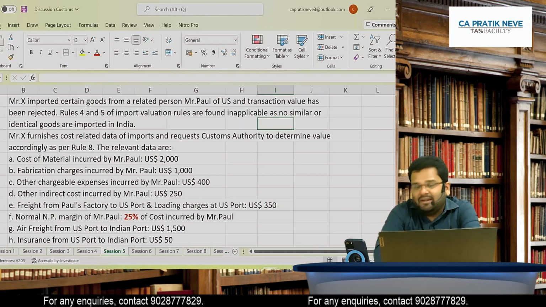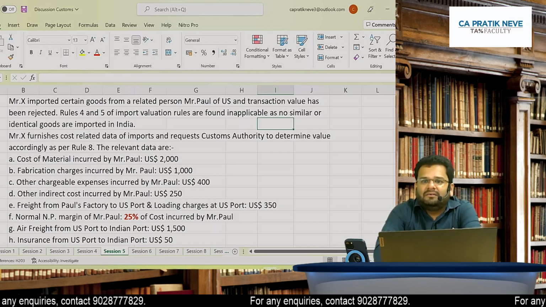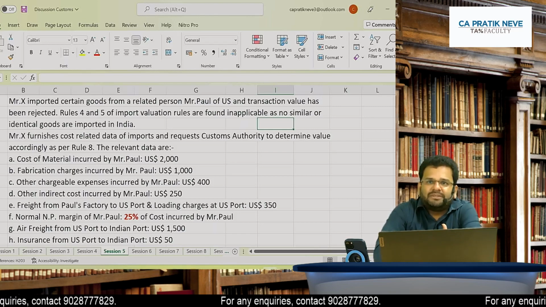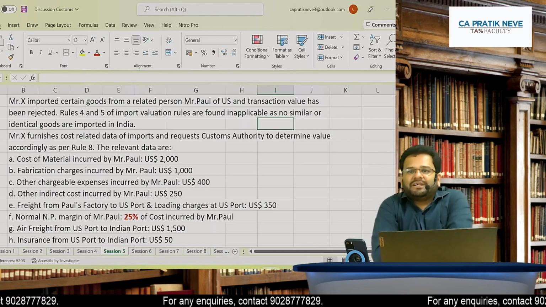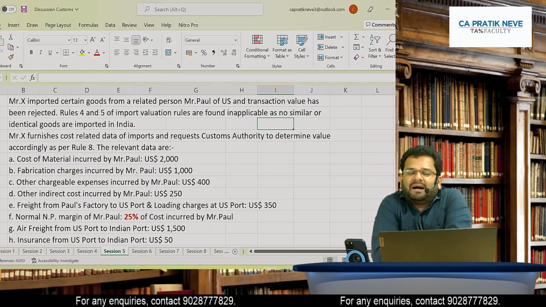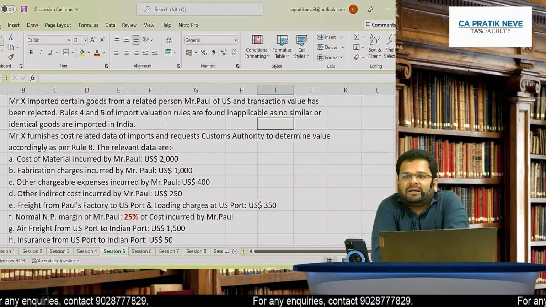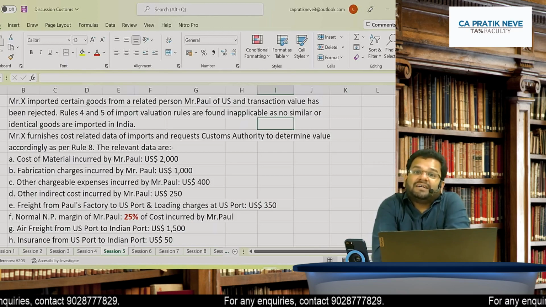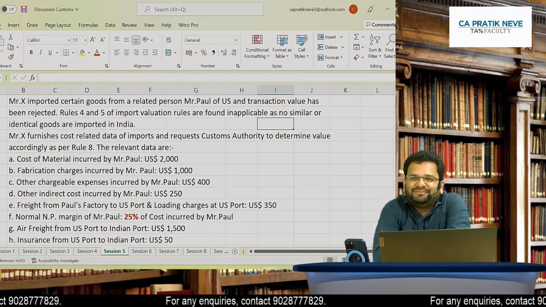See Ketki, we are sitting in India and we want the ideal import price, isn't it? So when we are thinking from the importer's ideal purchase cost, we are talking about deductive value. And when we are thinking from the exporter's ideal selling price, we are talking about computed value.